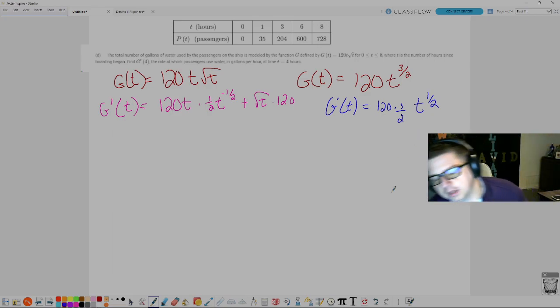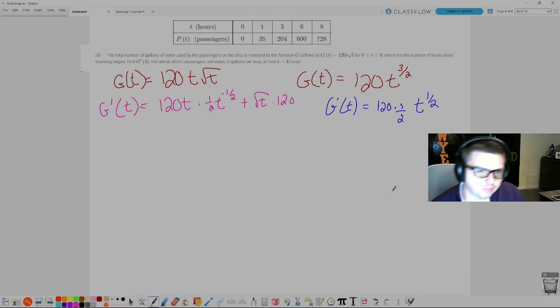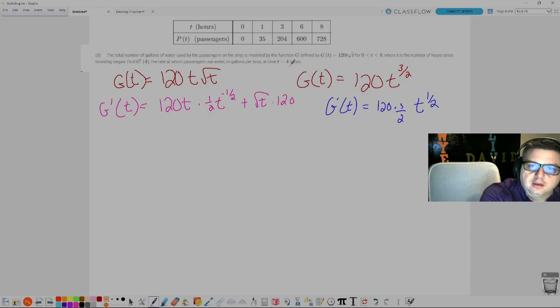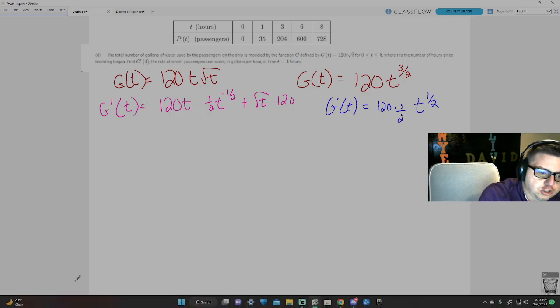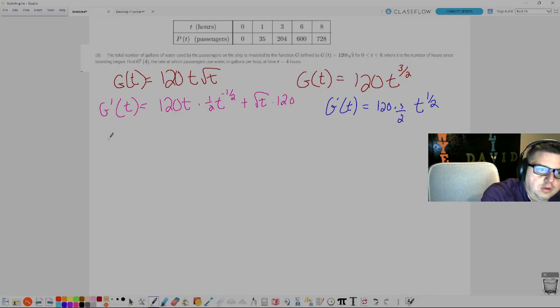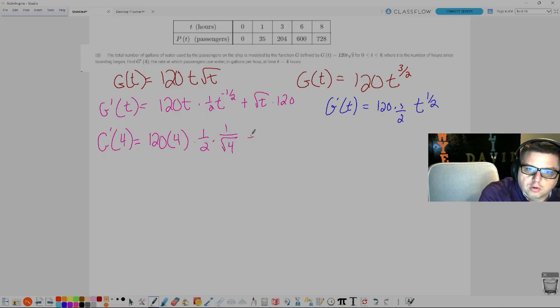Now, we can work all of this out if we need to, but at the end of the day, we are plugging in 4 hours. So before you get too ahead of yourself, you're looking for g prime at 4. So 120 times 3 halves times 1 over the square root of 4. You got to know your basic skills.